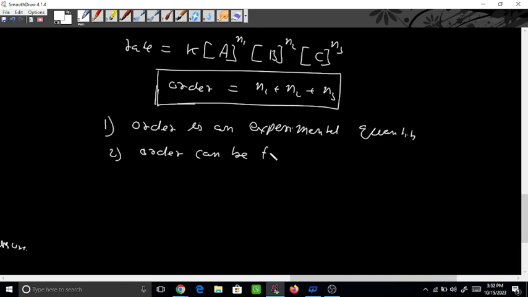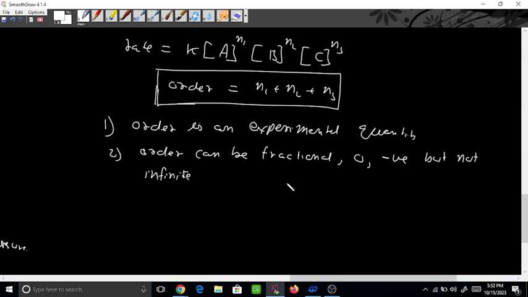Order can be fractional, zero, and it can be negative. Is negative possible? It is possible, because this is an experimental quantity. We will see some questions where negative will come. Negative, but not infinite.